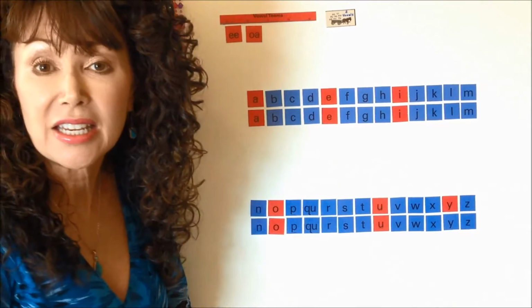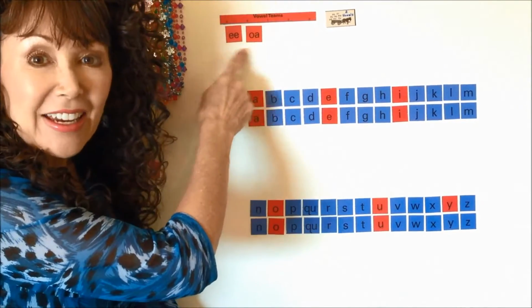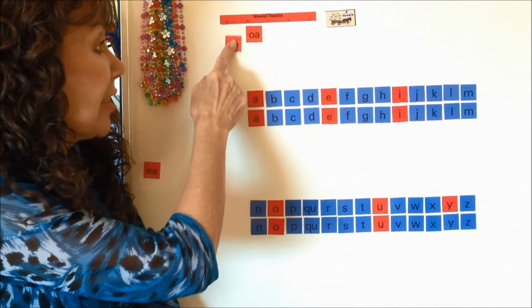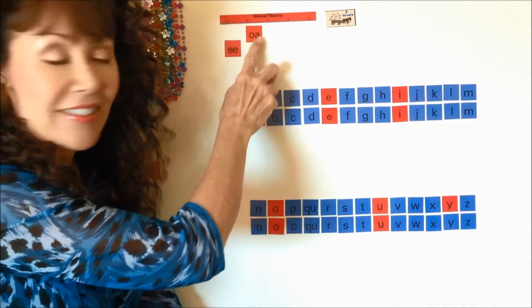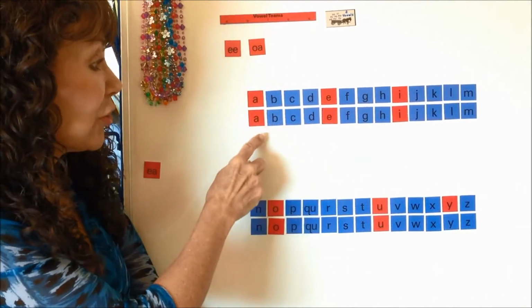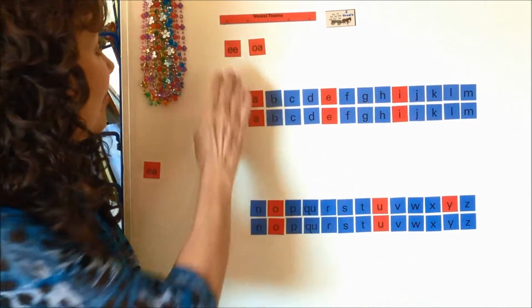That means that when you build a word using EE or OA, you're going to select this tile and this tile instead of taking two vowel tiles from the alphabet.